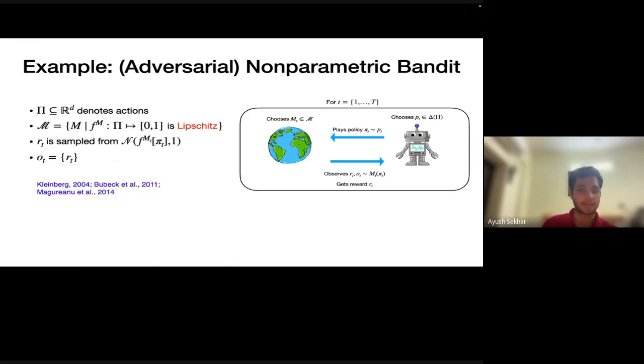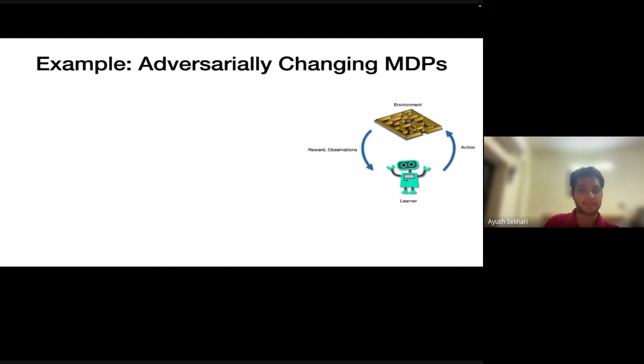Now, so far I have discussed examples of bandit problems where the observation only consists of the rewards. However, we can also incorporate more complex problems where the observations are richer. The classical example here is that of adversarially changing Markov decision processes.